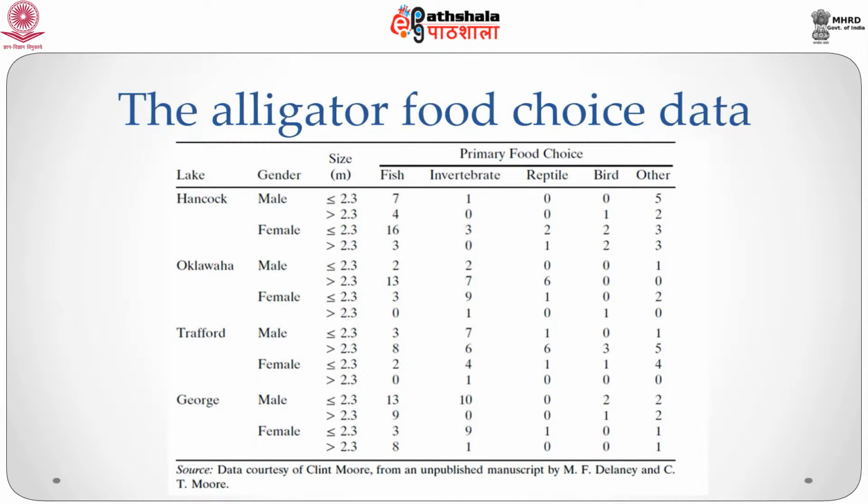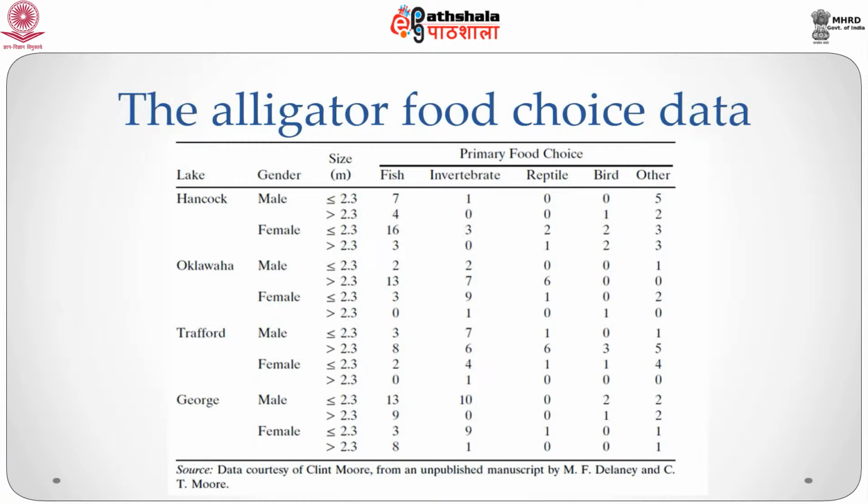Let us look at an example, which is the alligator food choice example taken from the book by Agresti. For more details of this example, you are referred to the book and the chapter on logit models for multinomial responses.